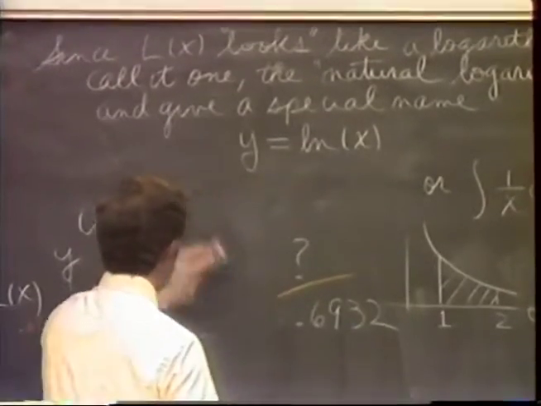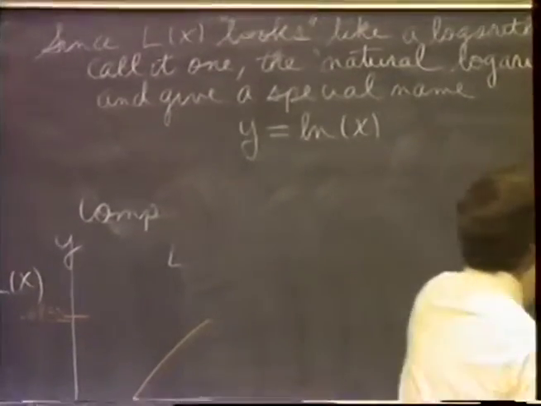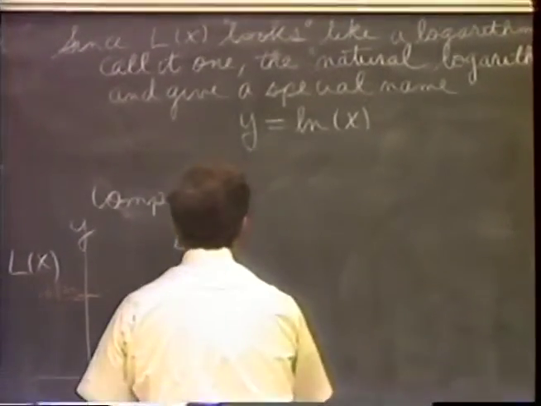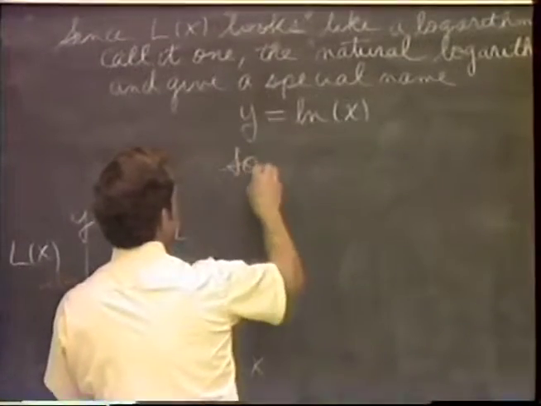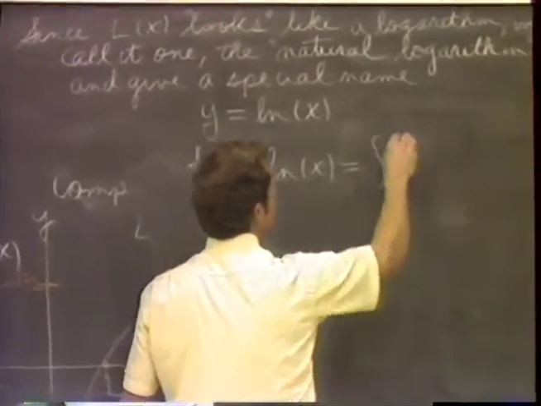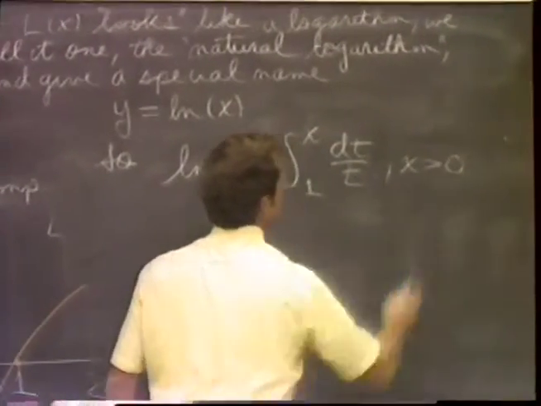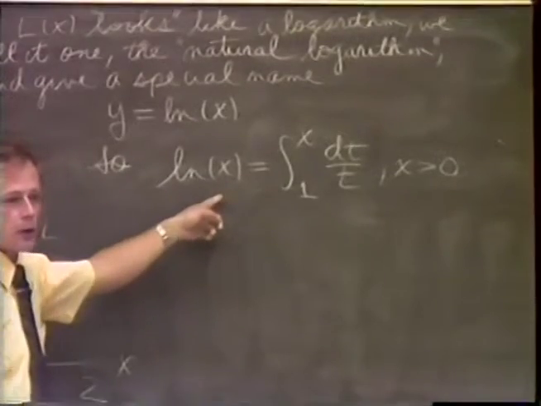So let me remind you of the properties that we've come up with so far. For one, the definition, as you see it in the book, looks like this. Ln of x is this creature.